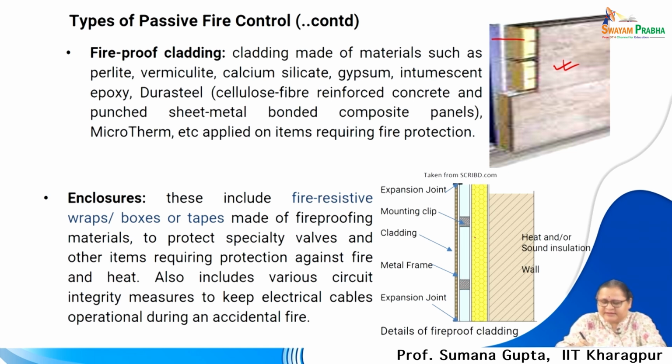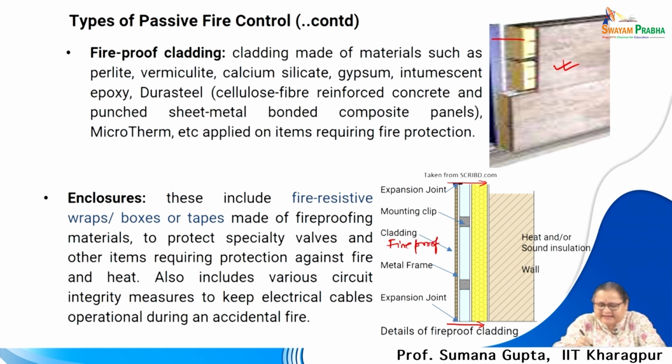Here there is an insulation and there are some expansion joints through which the fire can pass from one space to the other. So, sealing is required in those areas. This cladding is a fireproof one.